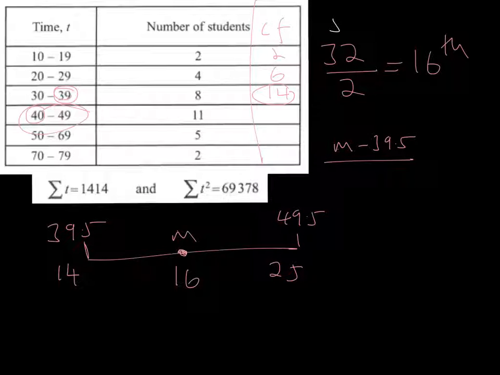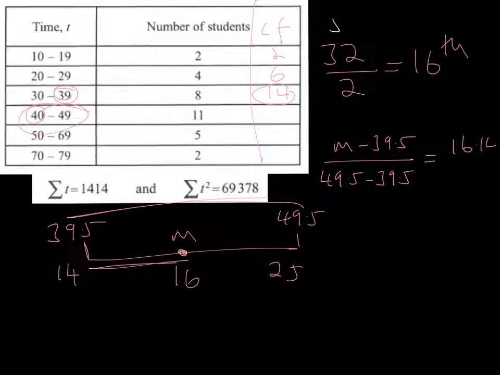Now we can recognize that the difference between the median and 39.5, so the median minus 39.5, expressed as a proportion of this whole distance here, which is 49.5 minus 39.5, will be the same as this distance here, which is 16 minus 14, which is 2, over this distance here, 25 minus 14.